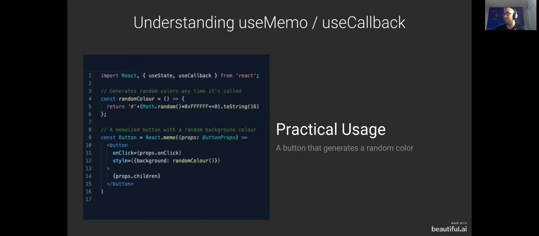I'll take a few minutes for that one. That one is a little bit more advanced. Not to worry too much about line 5. It's just returning a random string as a color. And then on lines 9 through 15, you just click that button and it is generating a random color.